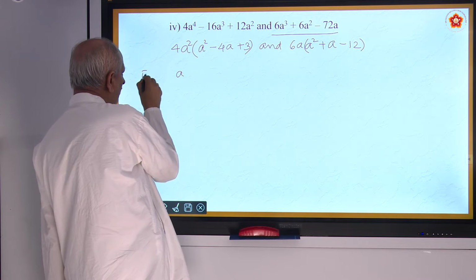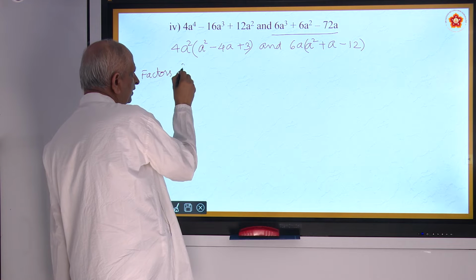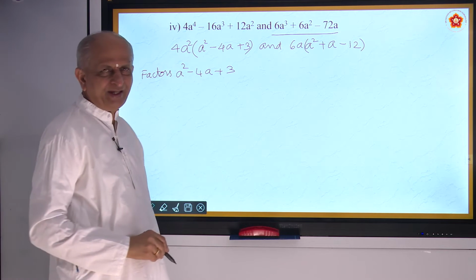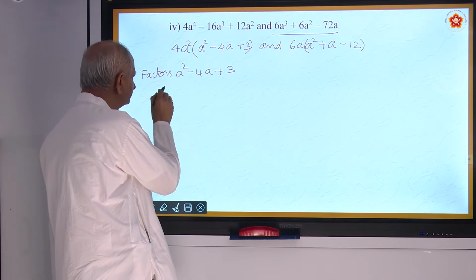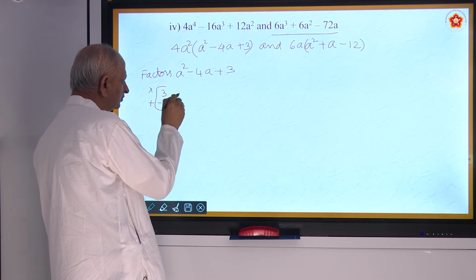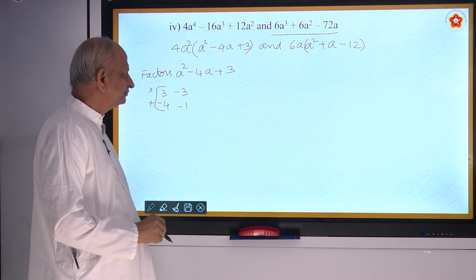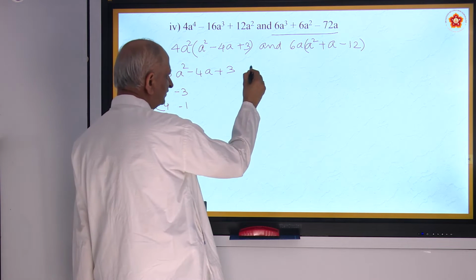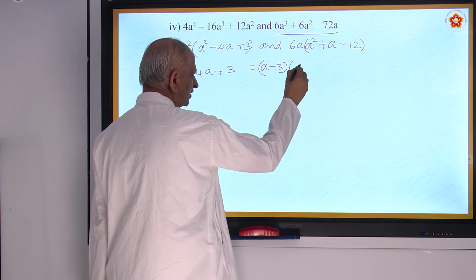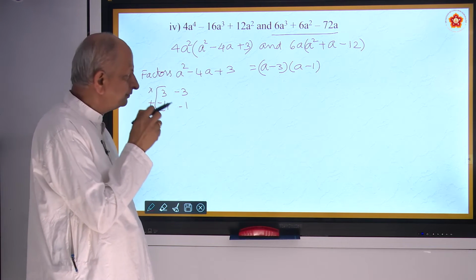So, factors of a squared minus 4a plus 3. On multiplication, you should get 3. On addition, you should get minus 4. So 3 ones are 3. Both are minus. So you can write it as the factorization of trinomials. You studied already. (a minus 3) into (a minus 1).